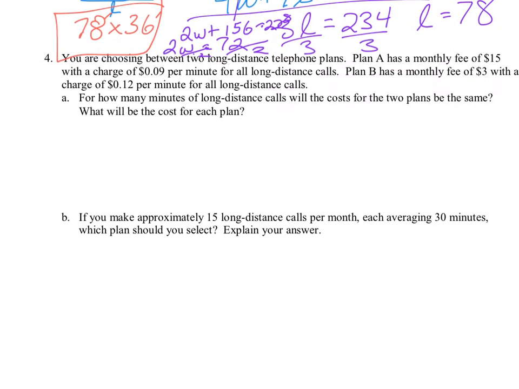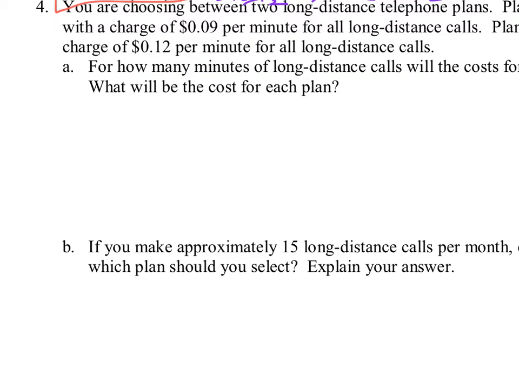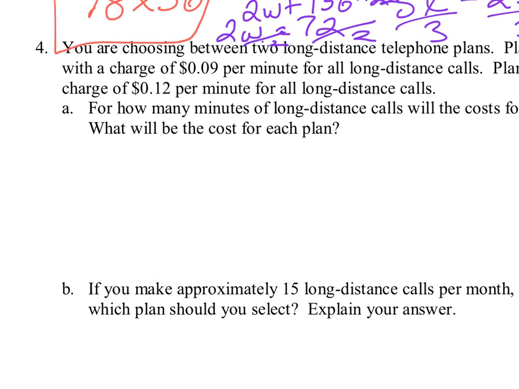All right, let's look at the next one. You are choosing between 2 long-distance telephone plans. Okay, so 2 long-distance phone plans. So we have plan A. All right, I want to change color, sorry. I don't like using red.